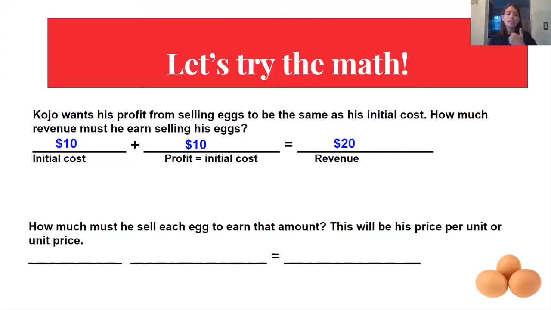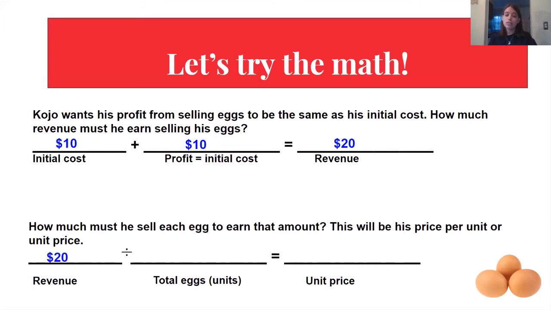So how much must he sell each egg to earn that amount? This will be his price per unit or unit price. So this will be how much each egg will sell for. So we have his revenue, which we just figured out above. We're going to divide that by the total eggs that he has, and that's going to give us the unit price, or how much he has to sell each egg for.